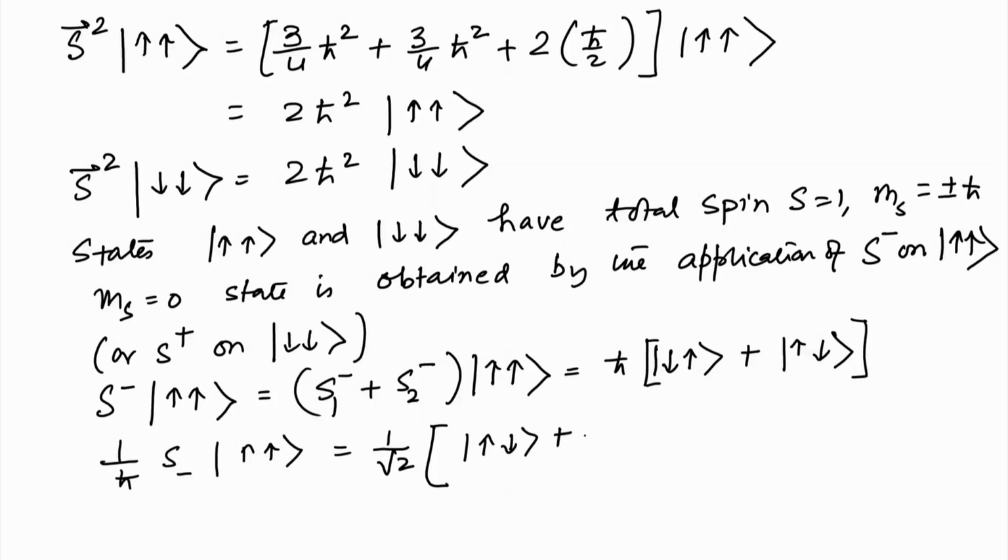It does not matter, we have written down the second term ahead of the first term, and this will correspond to S z equal to 0. So, these three will be called the triplet states.